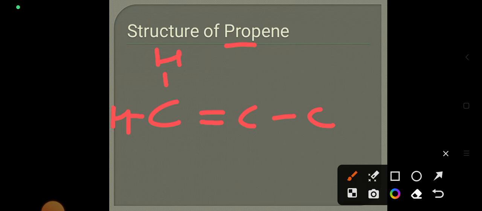Similarly, the middle carbon has 3 bonds, and now one more bond I will write to make 4, and the terminal carbon on the right side again has only 1, so I should be writing 3 hydrogens. So totally this is the structure of propene and the molecular formula will be C3H6. Okay, so this is how I write propene.